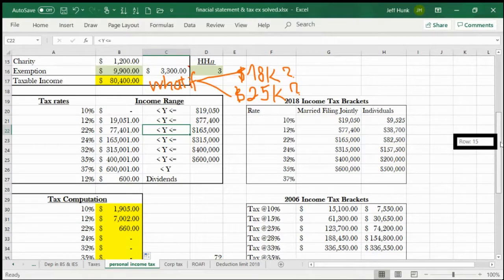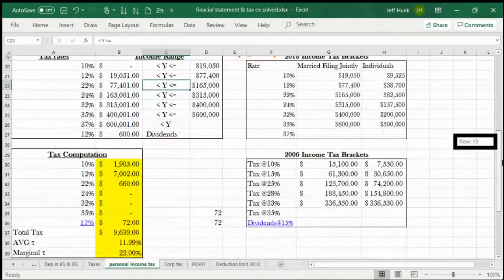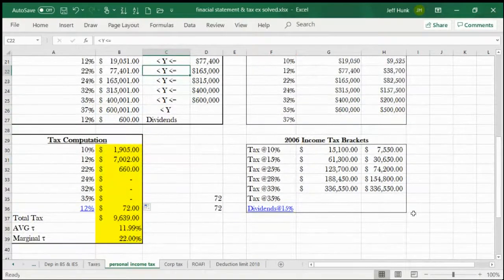So that is the concept of marginal tax rate. In other words, if my marginal income goes into the next tax bracket, then my marginal rate is 24%. But if I make another dollar and I'm still in this tax bracket, my marginal tax rate is still 22%.